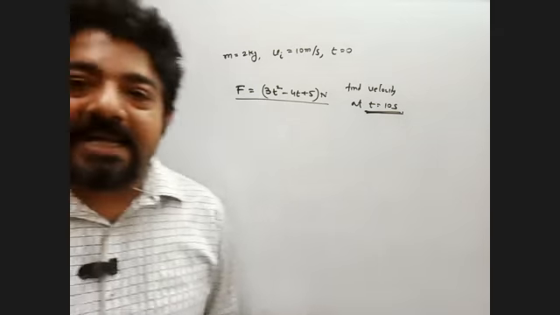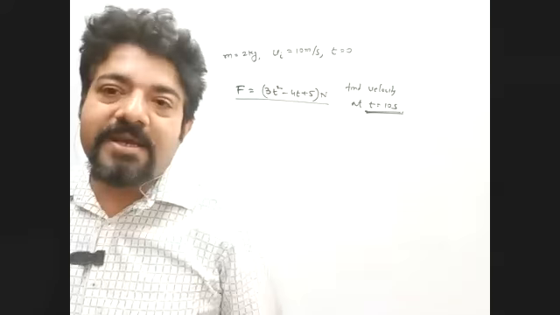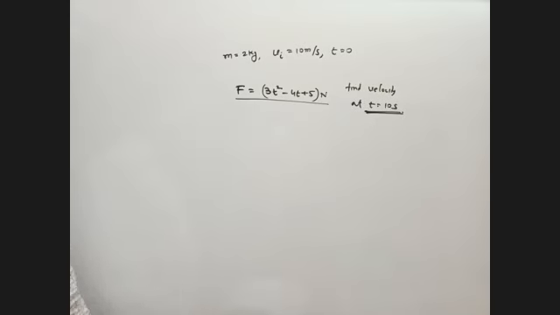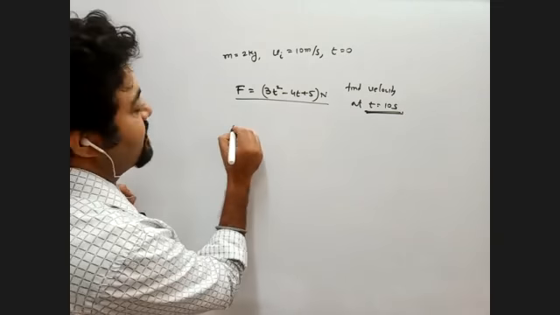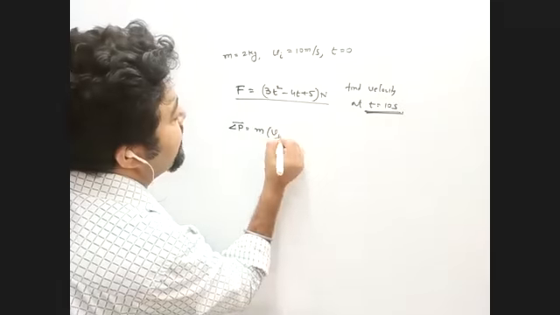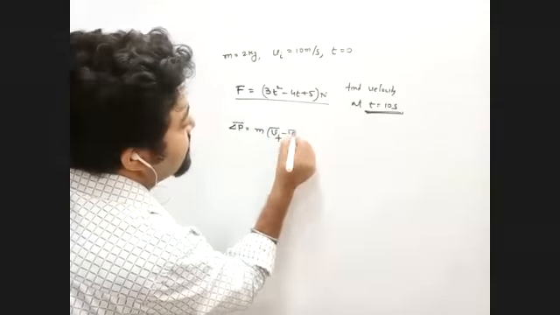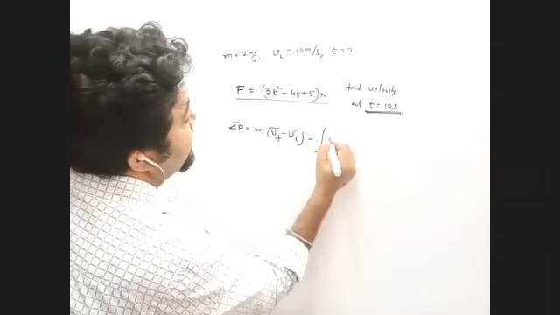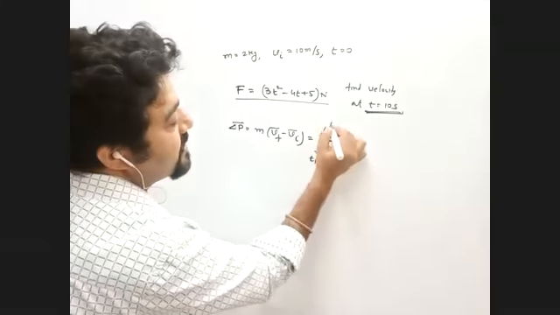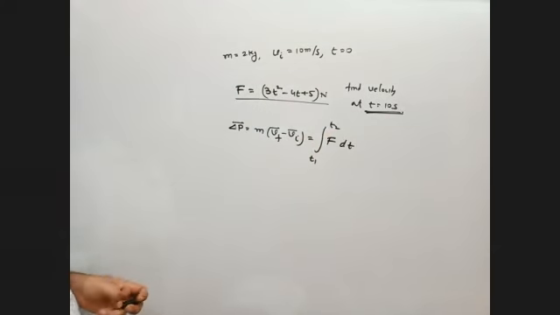See, the last one they gave you graphically, but here they give you a variable force, and the demand is the same, means find out the final velocity. So what you can write, change in momentum, you can write directly, that is velocity final minus velocity initial, is integration of F dt between time 1 and time 2. I think you understand this one.